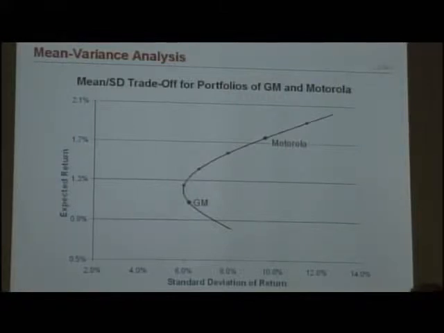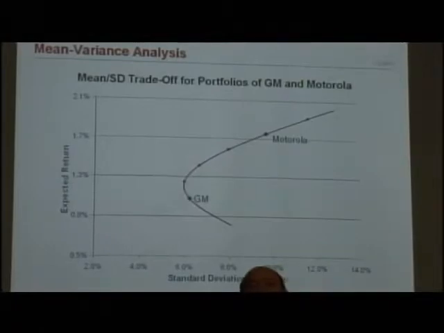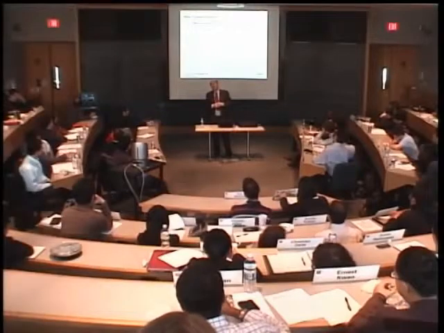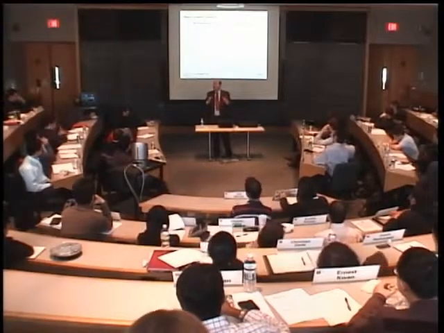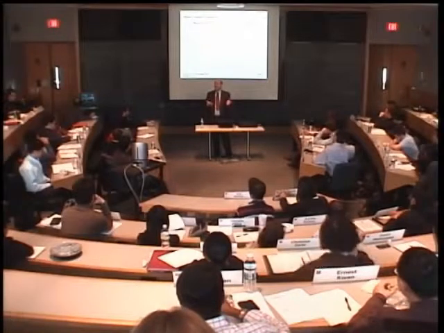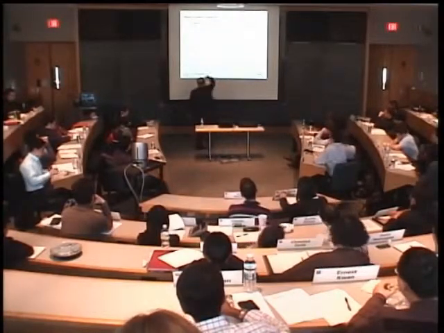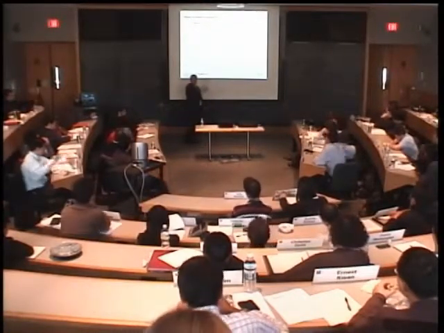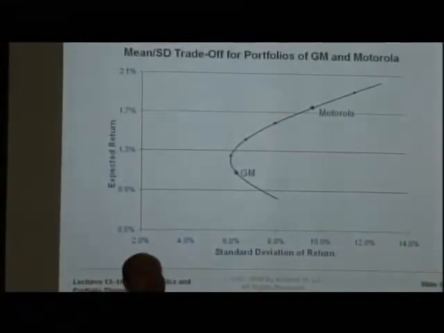So the first point I want to make is that when you graph the risk-reward trade-off, as I told you, it's not linear. It's nonlinear. In fact, it's curved. It looks like a bullet, okay?